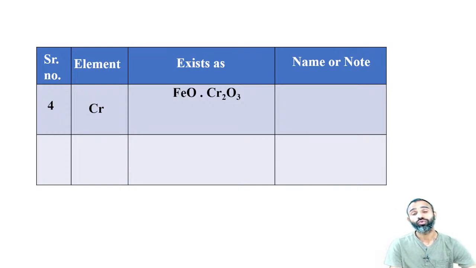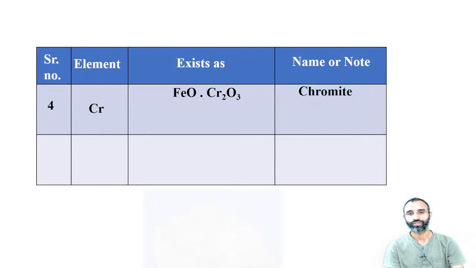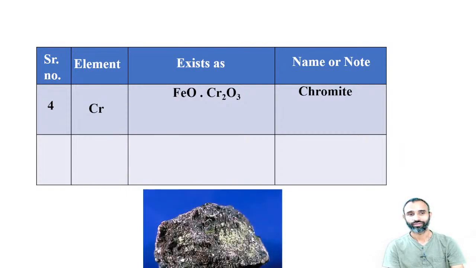It is used as a starting material for the preparation of potassium dichromate: chromite ore, FeO.Cr2O3. That is most important.